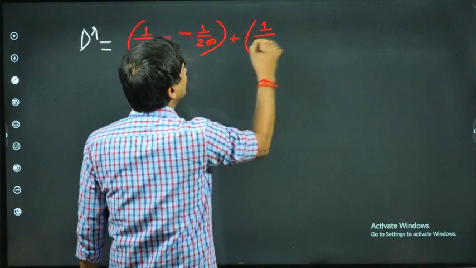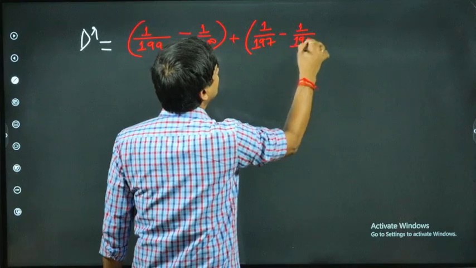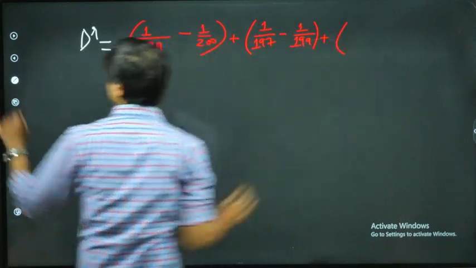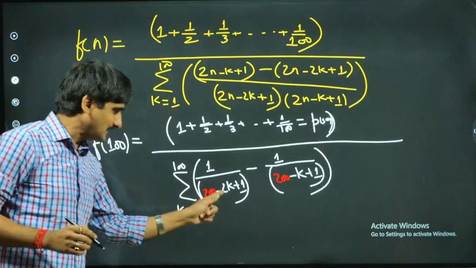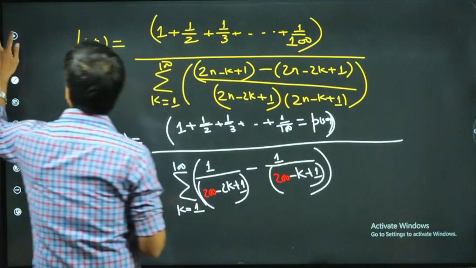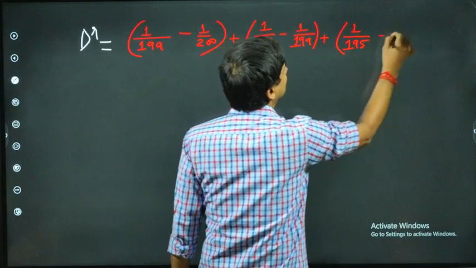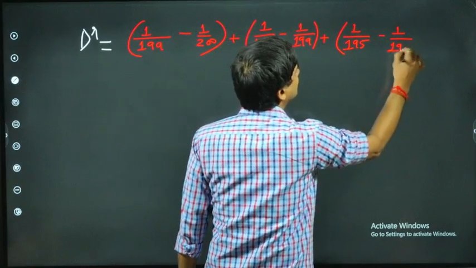So 1 by 197 minus 1 by 199, plus again one more, k as 3, so it will be 195 and then 198. So 1 upon 195 minus 1 upon 198.